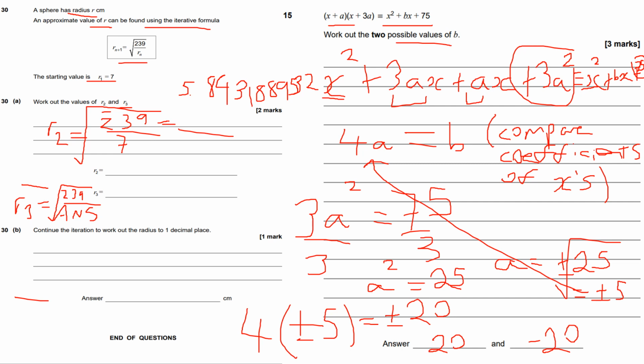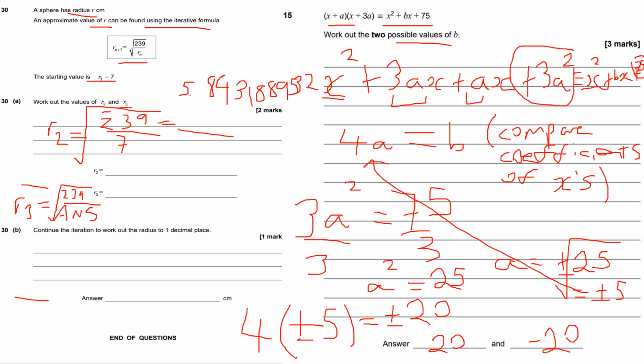So I'll write it down here. 5.843188955. So I'm going to have 239 divided by 5.843188955. Press equals, and I'm going to get 40.9023227. Again, you might have a different level of accuracy here.